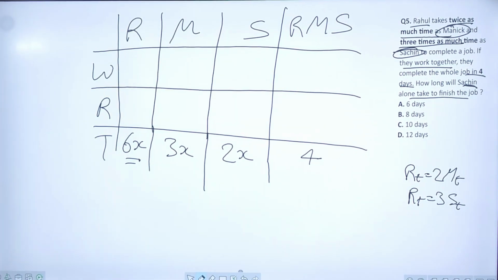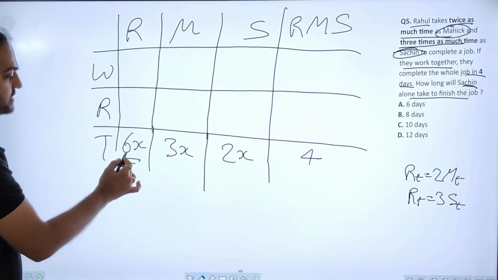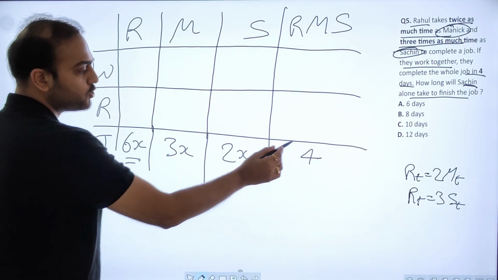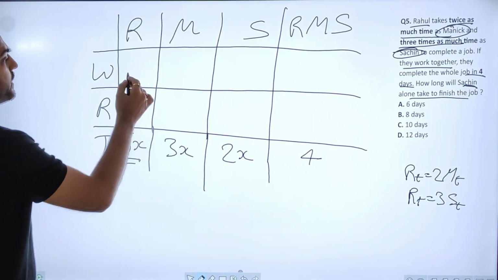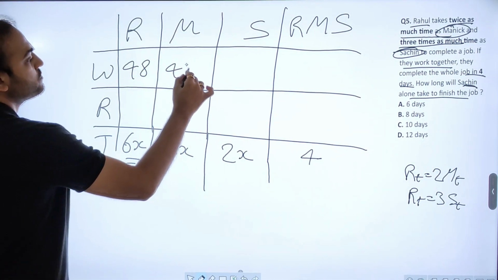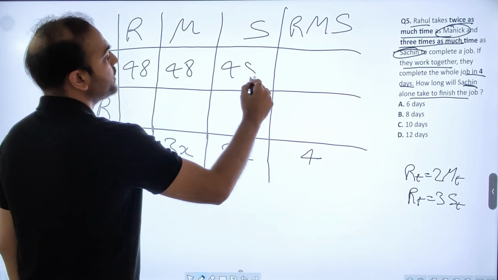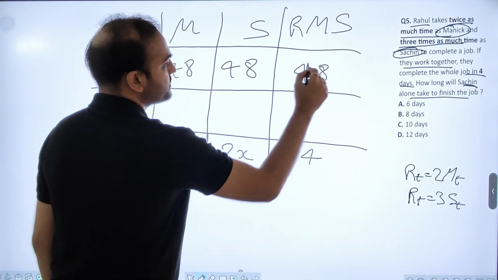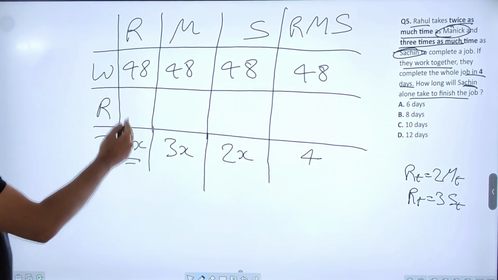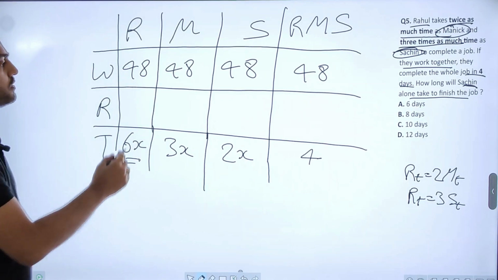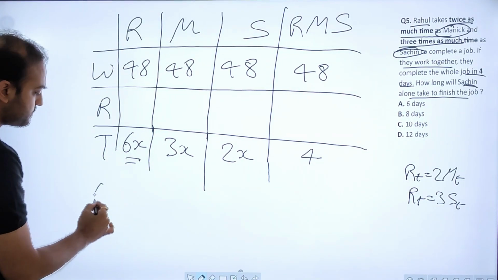Now what do I do? Step 2, assume work. So I'm looking for a value which is divisible by 6, 3, 2 and 4. On top of my head, say 48. So again the work is to eat 48 chocolates.